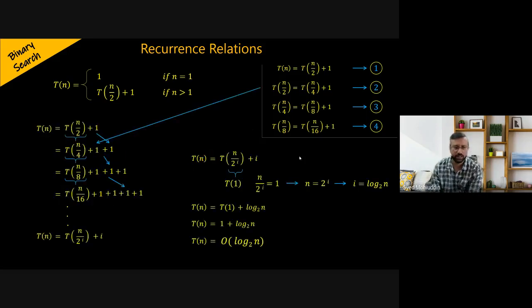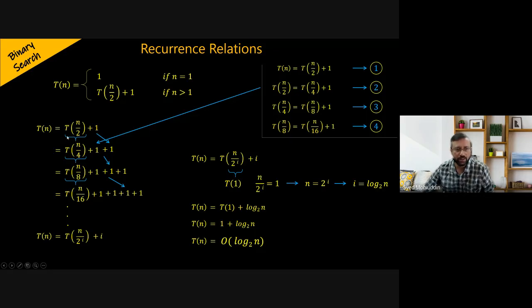Let us now use the successive substitution method to get the answer. Now, look here. We have T(n), you may just follow the mouse pointer. T(n) is equal to T(n/2) plus 1.